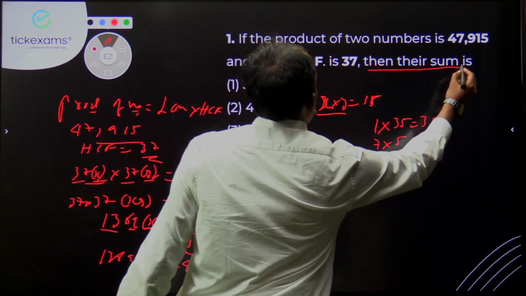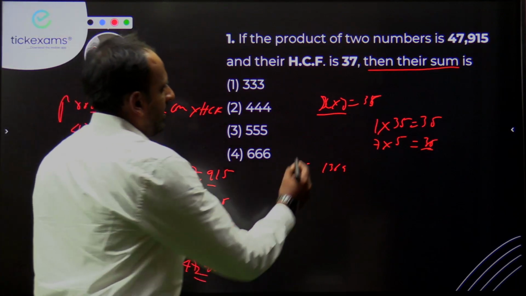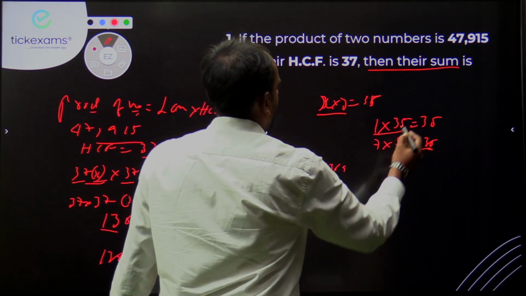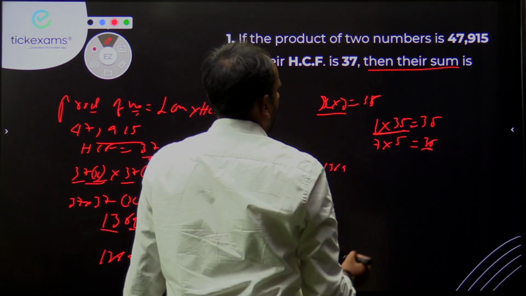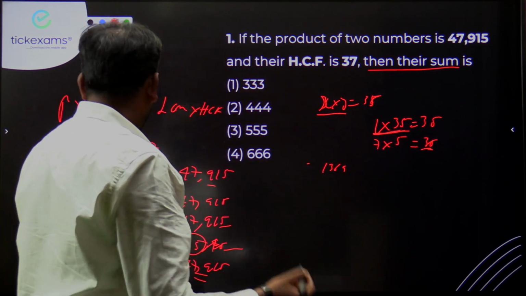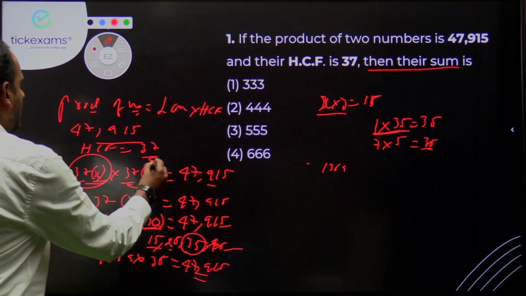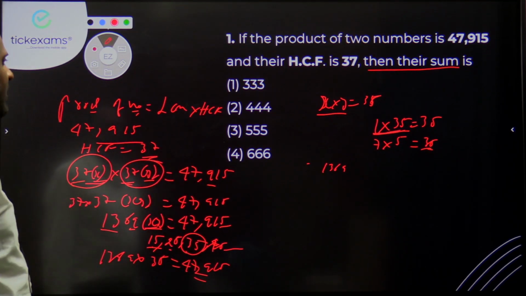Now the question we need to solve finally is, what is their sum? Let us assume the first option, that is 1 into 35. So the first number should be 37 into x, the next number should be 37 into y.